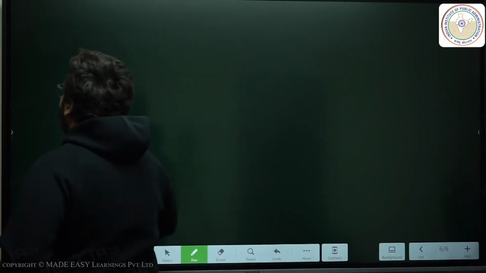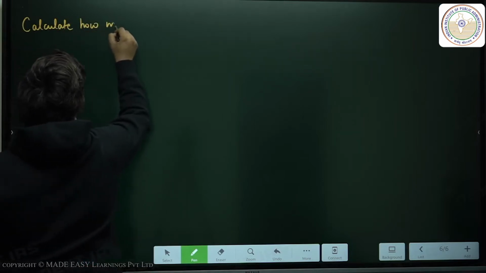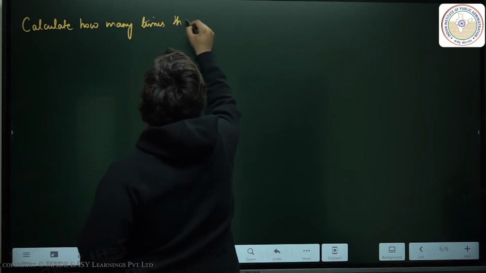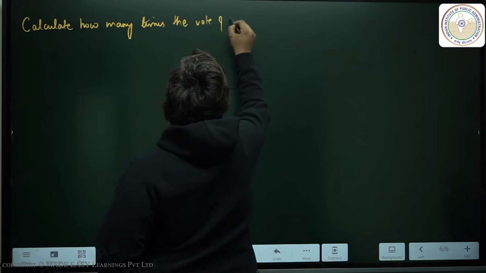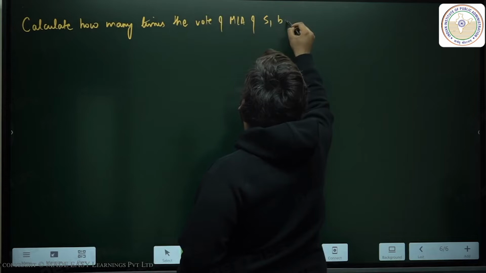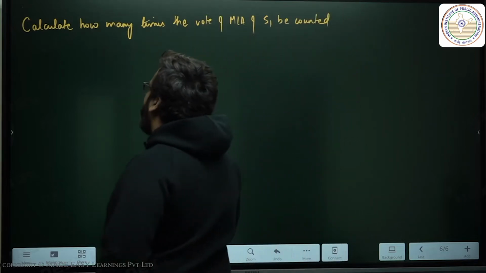So what we are going to do now is calculate the value of each MLA's vote, right? Now, for that, first we have to calculate how many times the vote of the MLA of state 1 will be counted. एक एप्पल का वैल्यू कितना है?